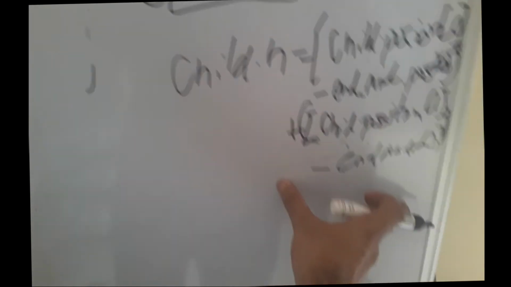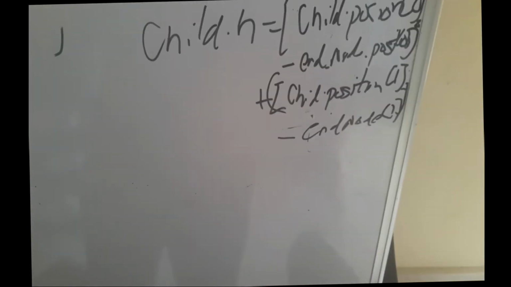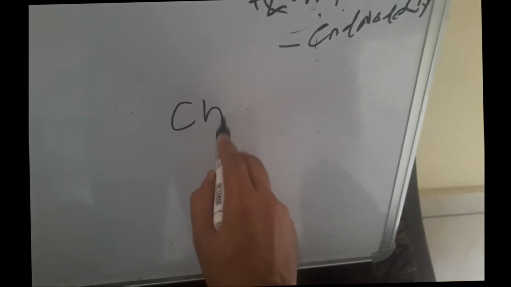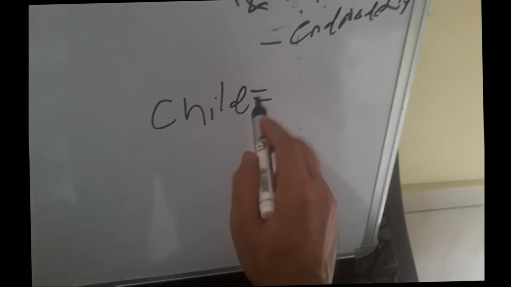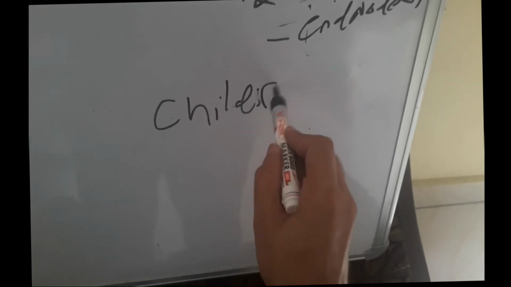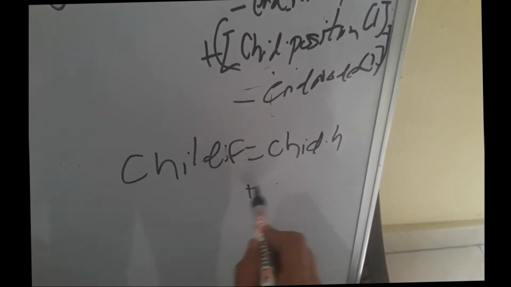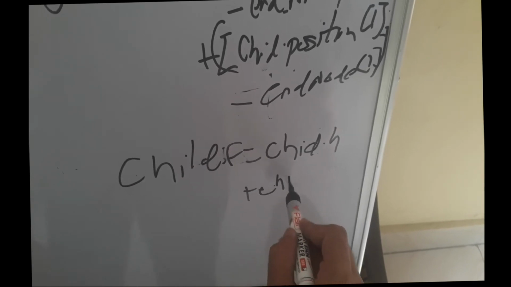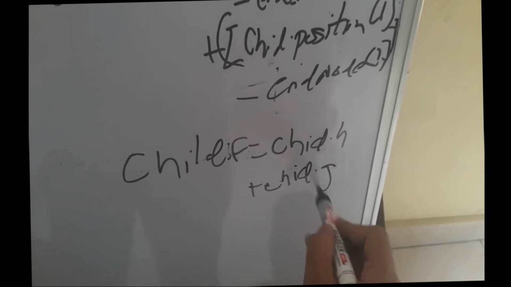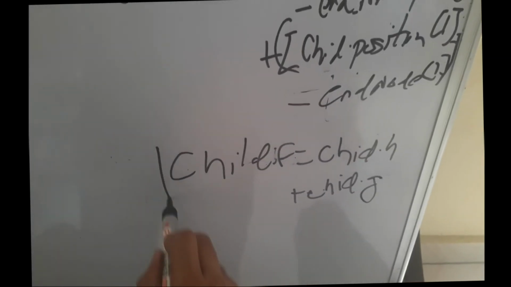We can just keep it in the form of a hypotenuse here. And so we have the child h, child g. We have to calculate f, that will be the total cost: child dot h plus child dot g, and this will be the total cost that we want.